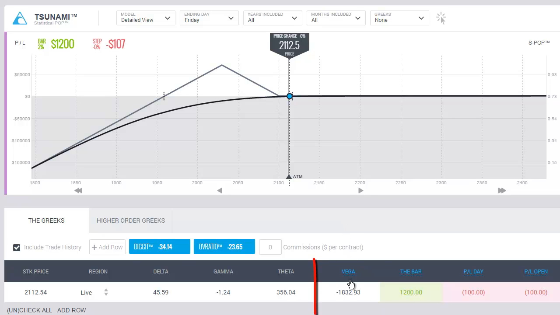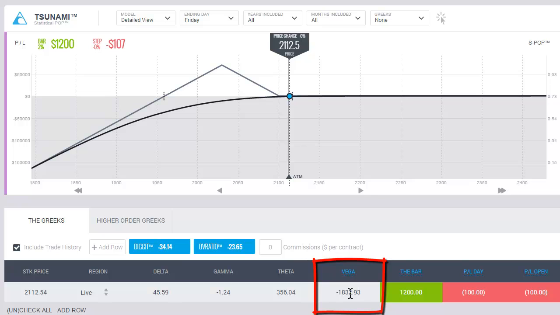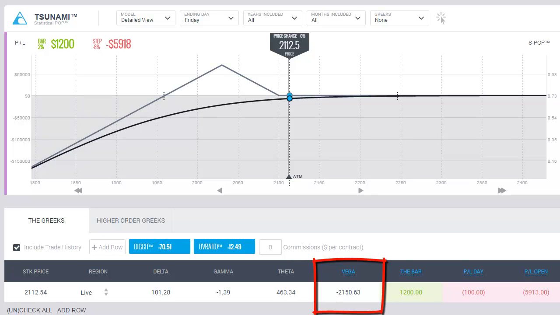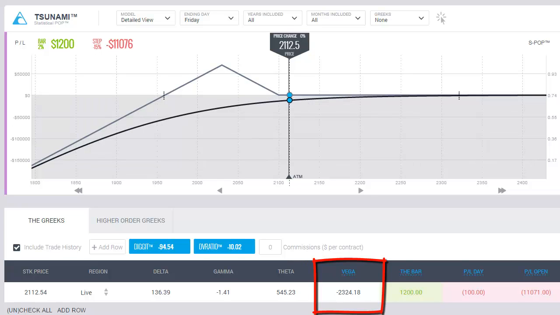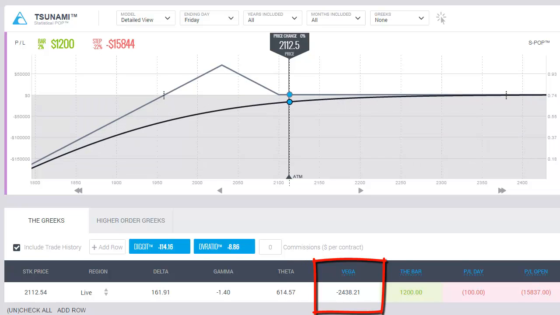Okay, so down here, take a look at your Vega, and I'm going to increase the volatility, which is off the screen, but I'm increasing volatility. And you will see the Vega becomes more negative. Okay, so that started, let me reset it.